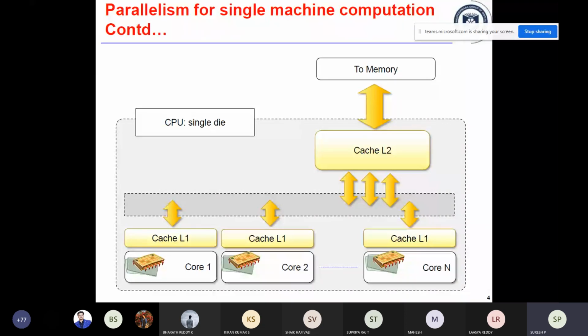That means the transistor is switching its state from on to off to on. If a higher frequency has to be achieved, more transistors have to be introduced into the system.